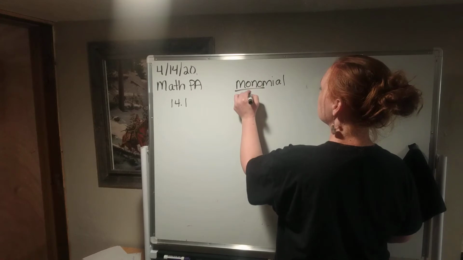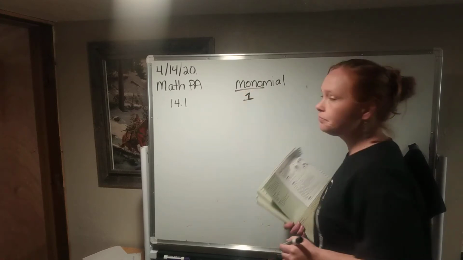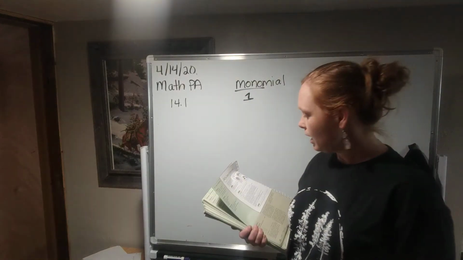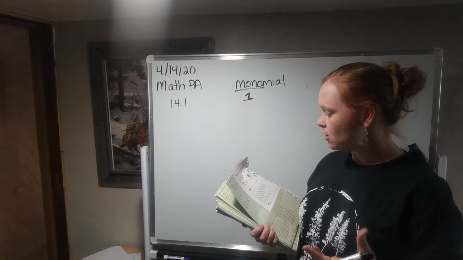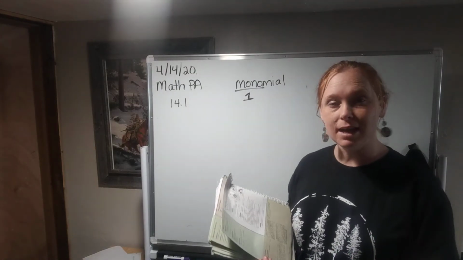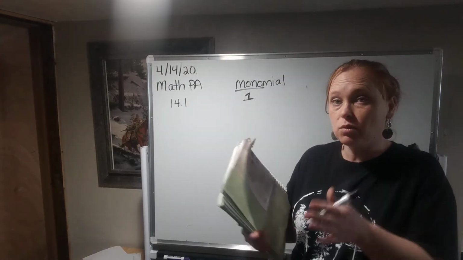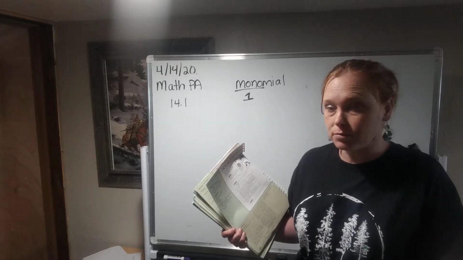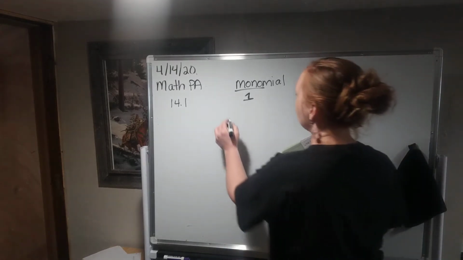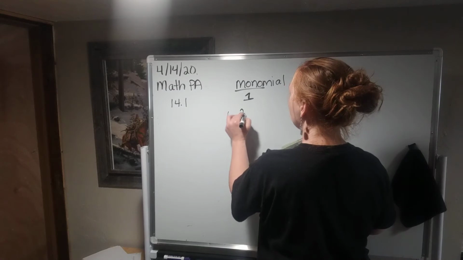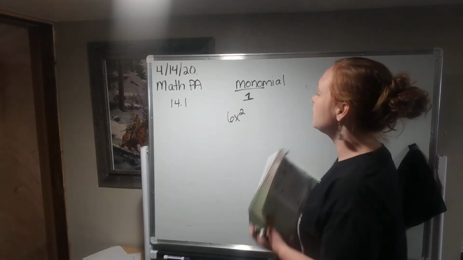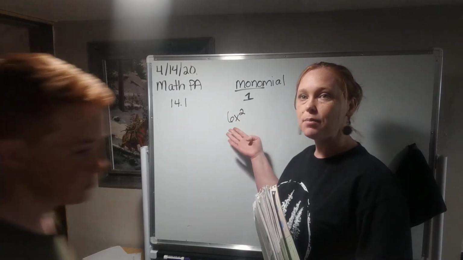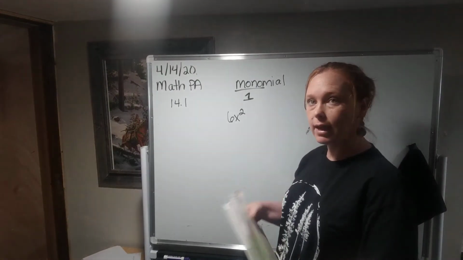Mono actually means one. So a monomial is a term that is all together. It doesn't have plus signs and subtraction signs because that's what we're going to use to separate terms, okay? So if I gave you 6x squared, this is a monomial because this is one term. It belongs all together, okay?